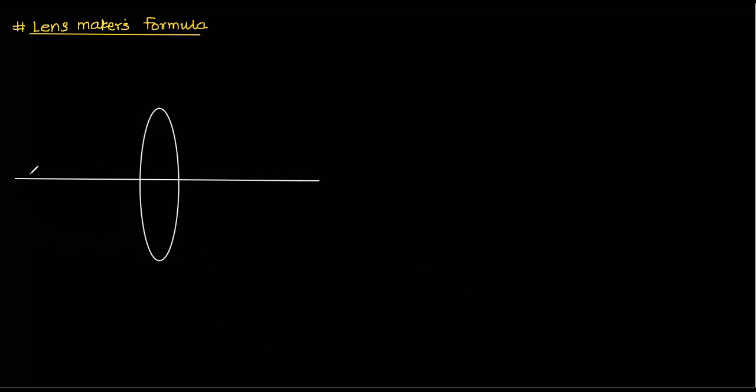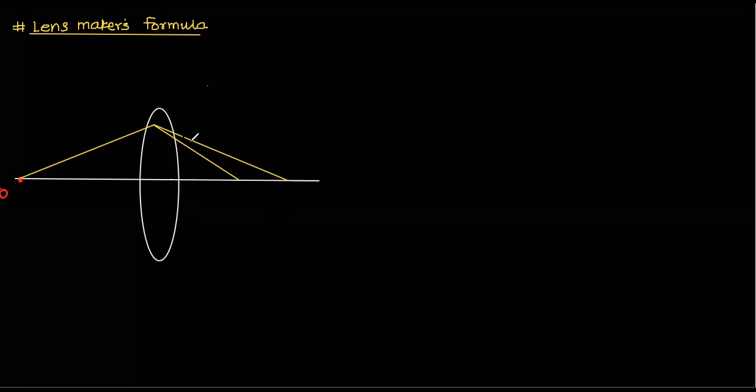Now, assume that object is here. This is the object O at this point. Then this light ray is coming from here, and image will form here. I have drawn another ray, you can see, this I will denote with dotted line.